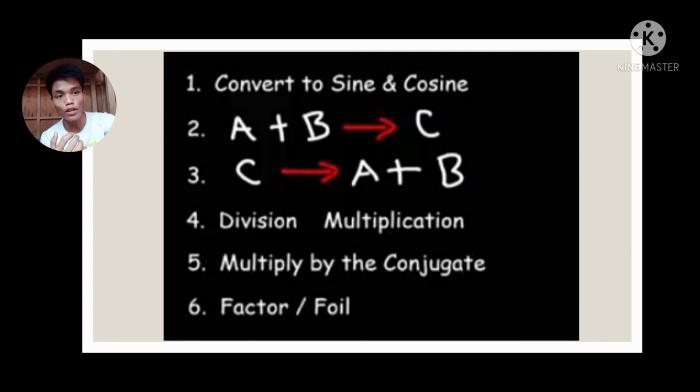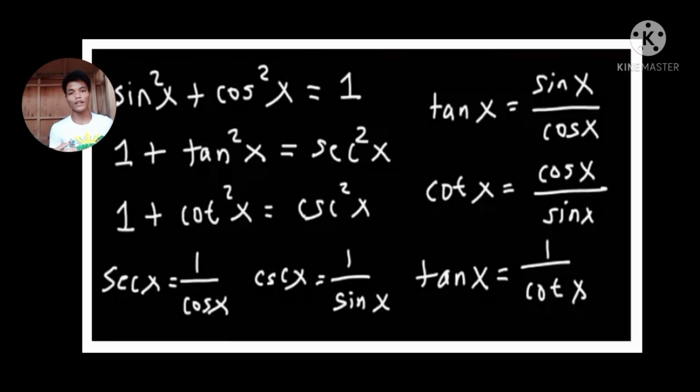So here are some identities. I just want to give you some identities in trigonometry. What you see listed on the board are some identities. For example, sine squared x plus cosine squared x is equal to 1. Then 1 plus tan squared x is equal to secant squared x.